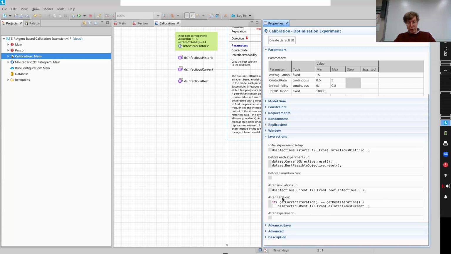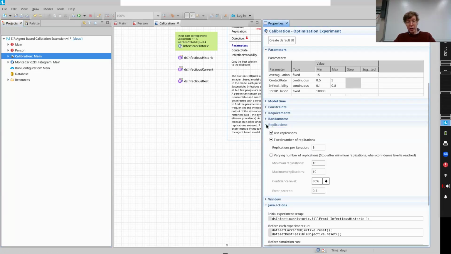That criteria about doing this after the iteration is a reflection of the fact that we're going to be running here, for each set of parameter values, the model not just one time, but for a set of realizations, an ensemble of realizations. In this case, 5 realizations. We do that because of stochastics. This is something of which we spoke last time.